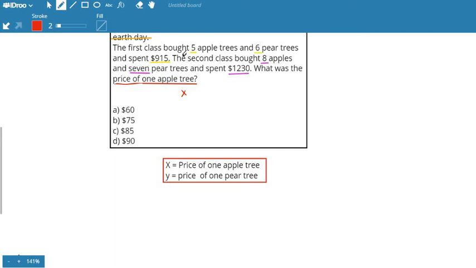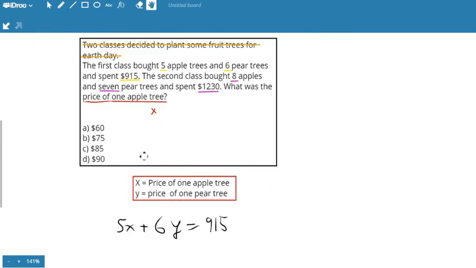So from the first sentence you can write 5x plus 6y equals 915. That is the translation of the first verbal statement into the mathematical form.